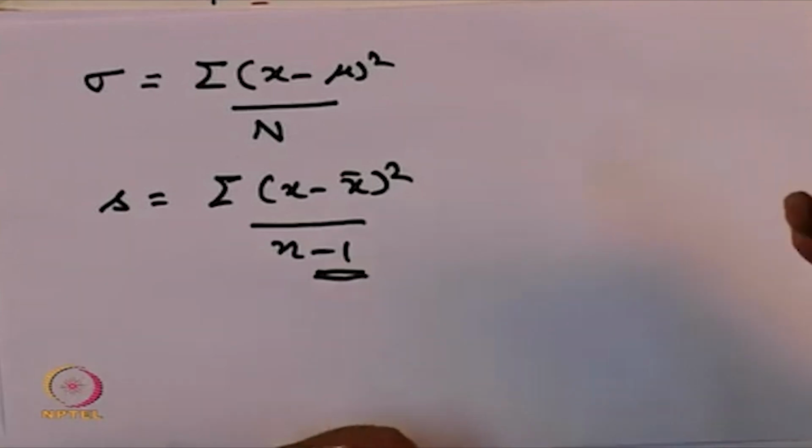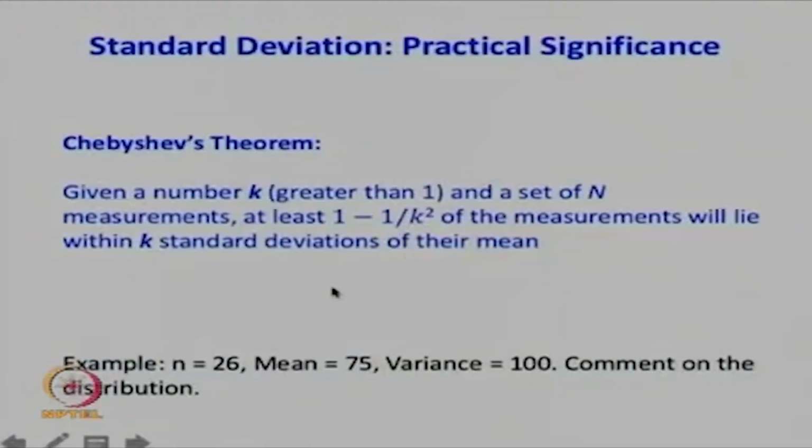So, what exactly is the practical significance of the standard deviation, and this we had discussed in last class, which is what Chebyshev's theorem tells us. It says that given a number k greater than 1 and a set of n measurements, what you are guaranteed is at least 1 minus 1 by k square proportion of the measurements will lie within k standard deviations of their mean, right.